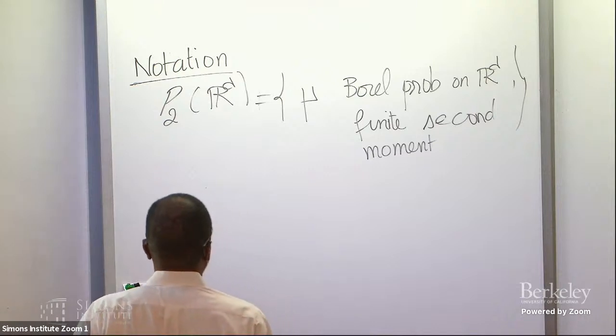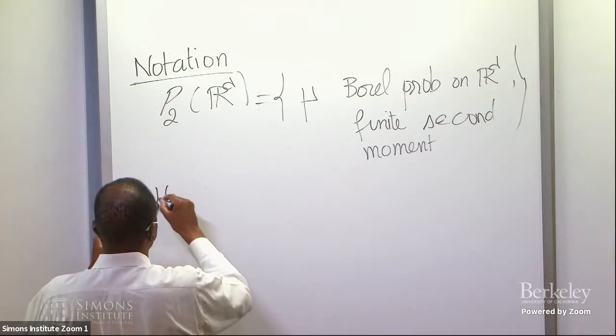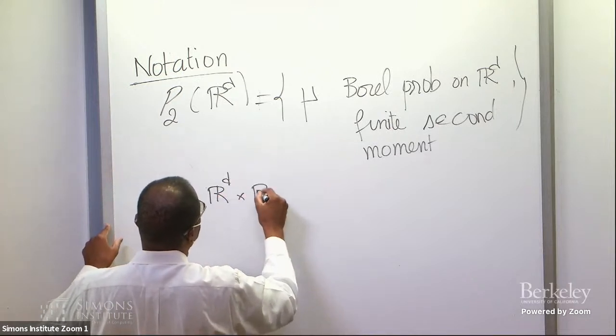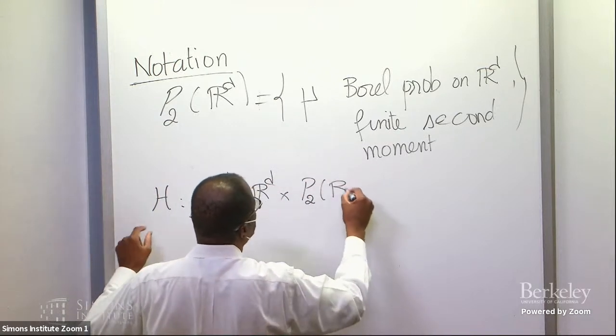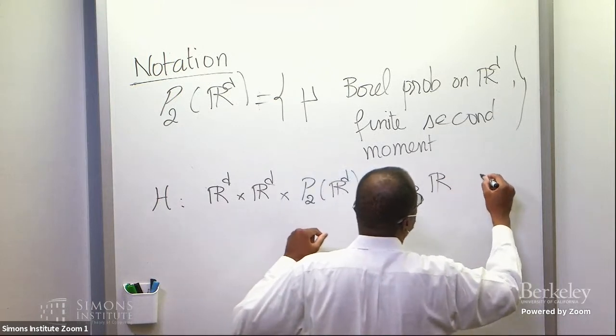And I will assume that I am given a function h from R^d cross R^d cross P2 of R^d to R, which I am going to call a Hamiltonian.